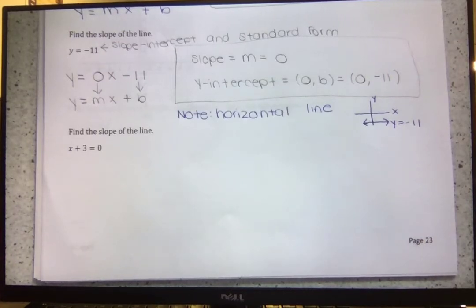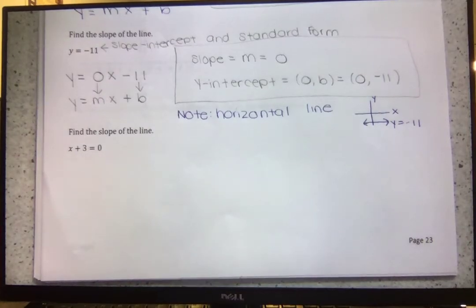So for the next one, we have to find the slope of the line. This one didn't even ask for the y-intercept, but it's okay, we did it anyways. Find the slope of the line. x plus 3 equals 0. We can't put this in slope-intercept form because there's no y. I can't solve for y.